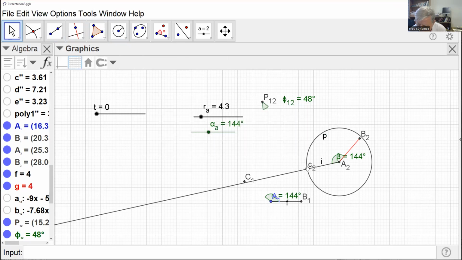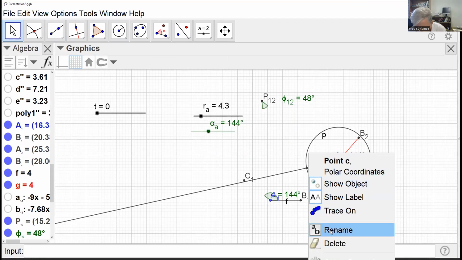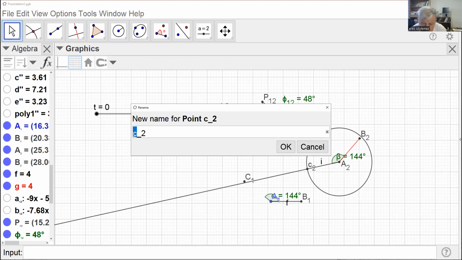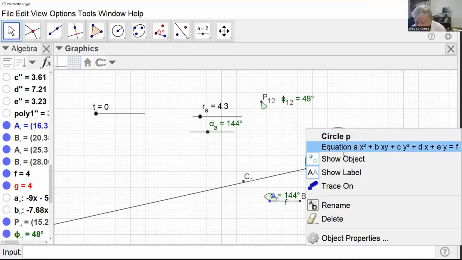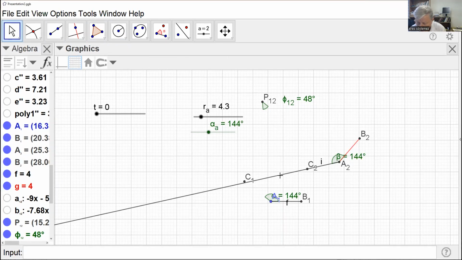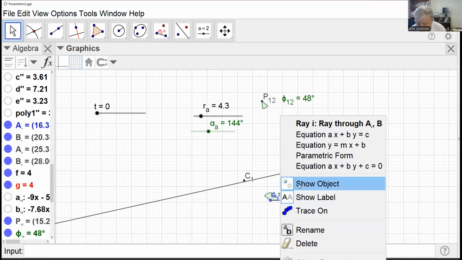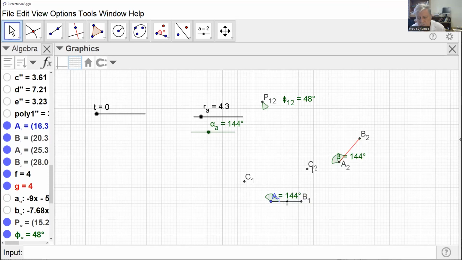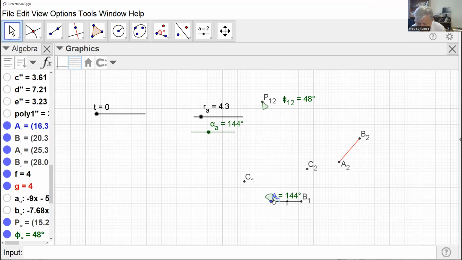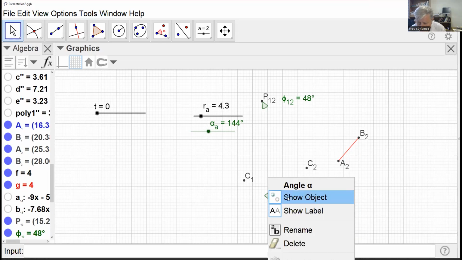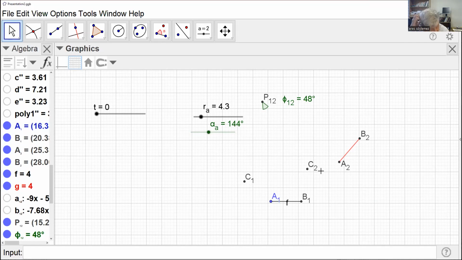Okay. Oh, no, it has to be capital. That's C2. I can hide the angle as well. I don't want to erase them; I'm hiding them.